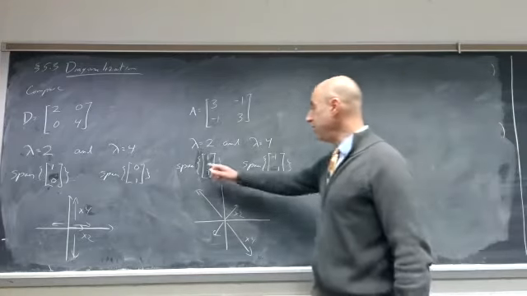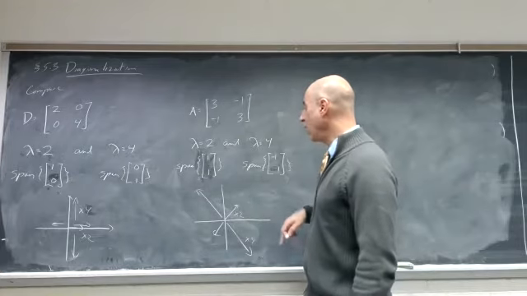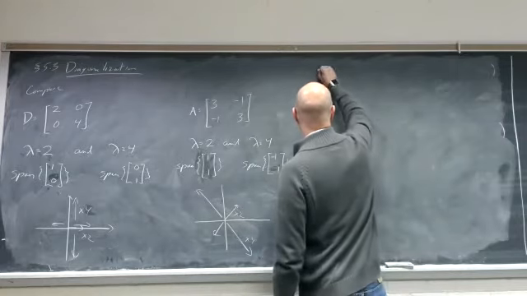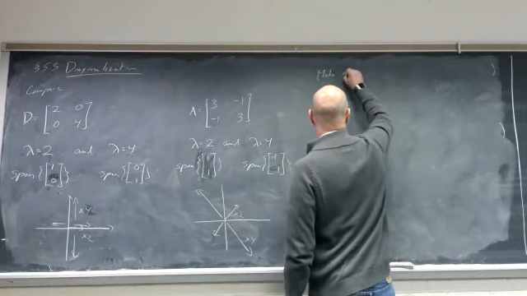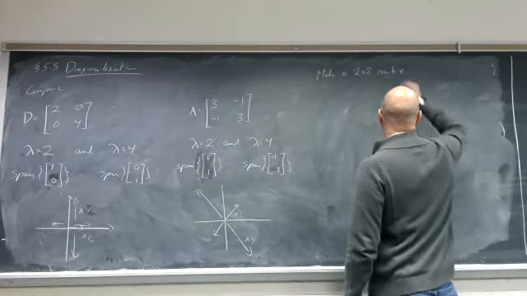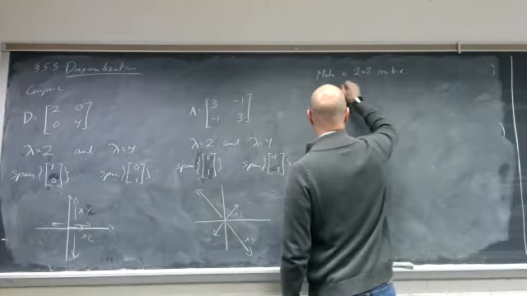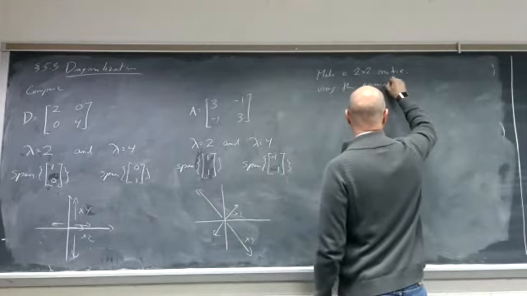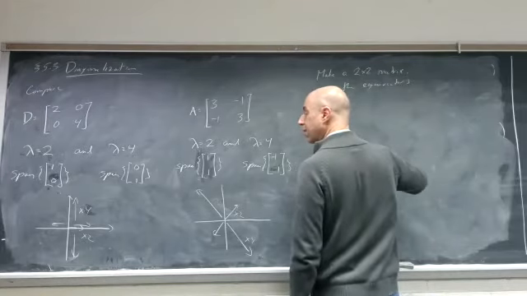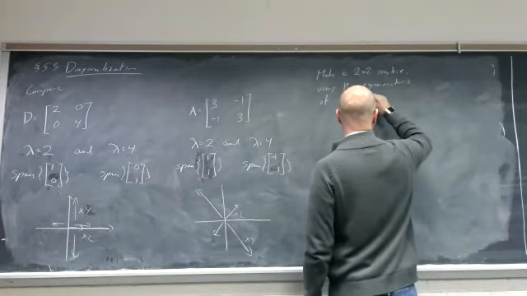Okay, this is what I want to do. I want to take these two eigenvectors and make a matrix from them. We're going to make a 2 by 2 matrix using the eigenvectors of A as columns.